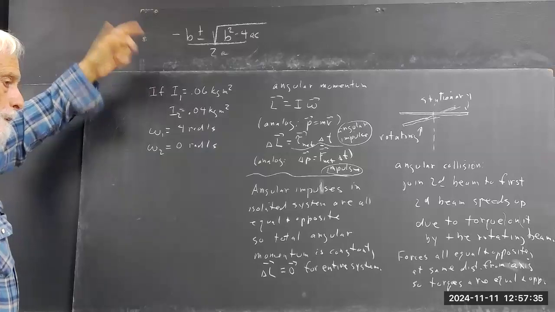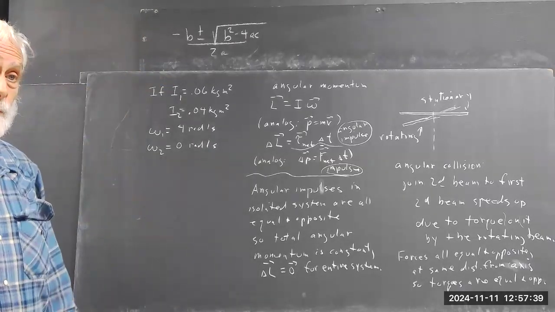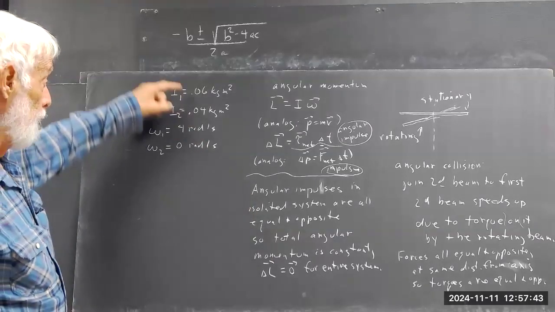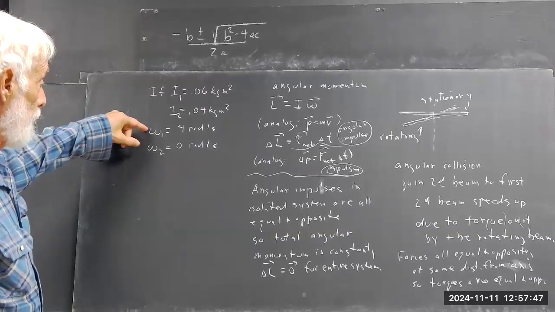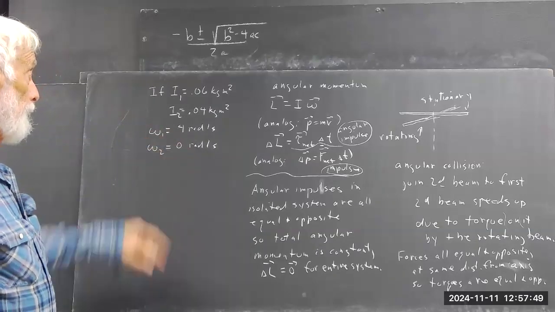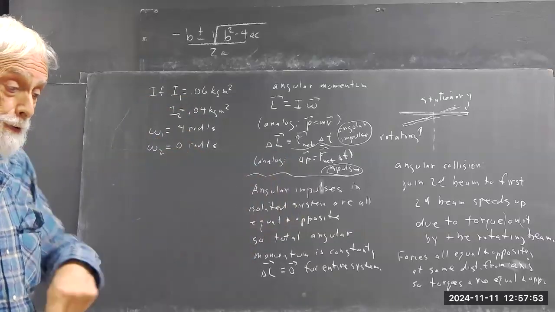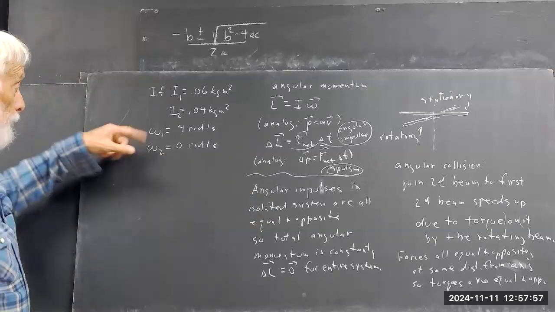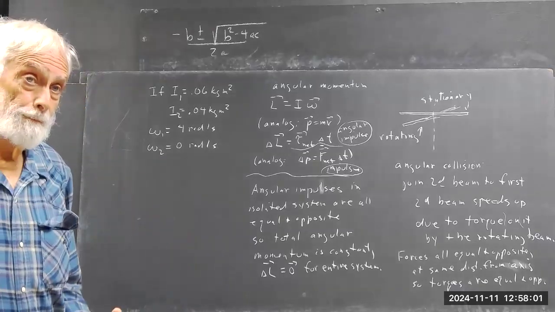Okay, two typical beams of slightly different densities or thicknesses or whatever, so they don't have the same moment of inertia. Omega 1 is 4 radians per second. That's the first beam rotating at 4 radians per second, about like this. Okay, maybe a little slower for that. The second beam is stationary.